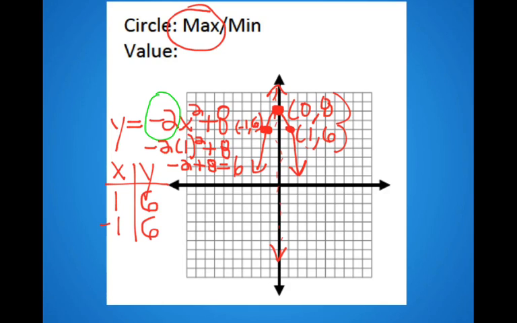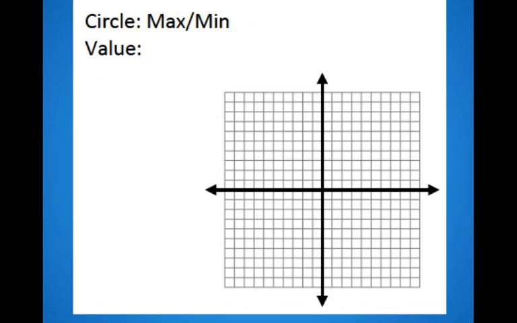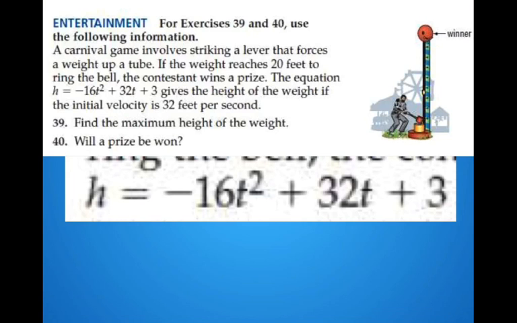So now let's get to a little application. Okay, so let's say we have this carnival game, the little sledgehammer thing where you hit it and then the little weight goes up a tube and it either rings the bell or it doesn't.